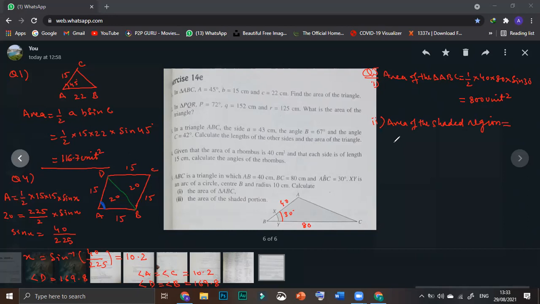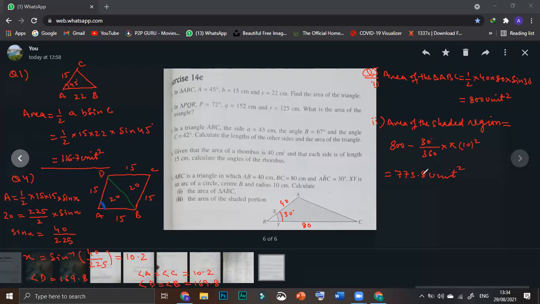Area of triangle is 800 minus area of sector is theta over 360 into pi r square. Here r is given, which is 10. We will find out the final answer with the help of calculator. The final answer is 773.8 unit square.